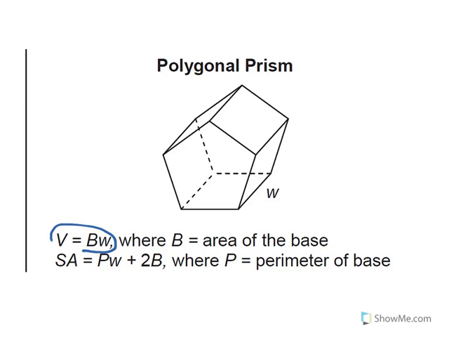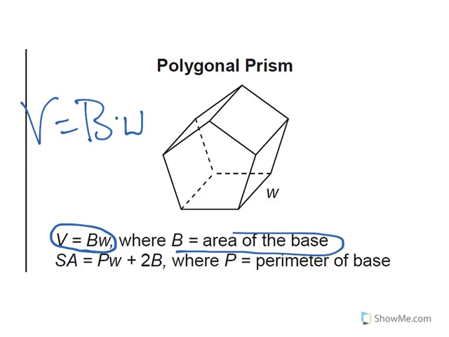We're going to specifically look at the volume formula, which takes B times W. Now B is the area of the base. The base is going to be the special shape that identifies the prism: a triangular prism, rectangular prism, even a cylinder. That will find how many cubes it takes to make the first layer.